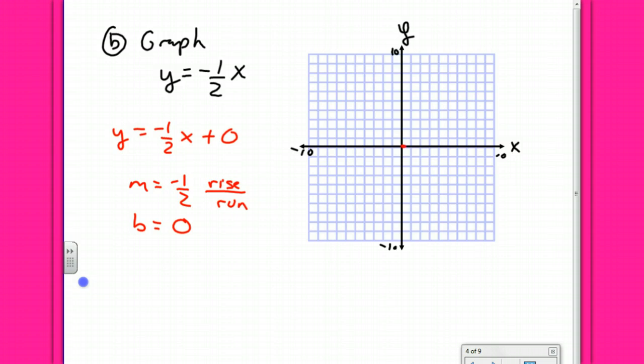So from our point, we go down 1 and to the right 2. We also could go up 1 if we go to the left 2. That's also equal to negative 1/2, isn't it? These are all equal, okay? And so there you go. You could continue to make points, and ultimately we need to draw the line for this direct variation.